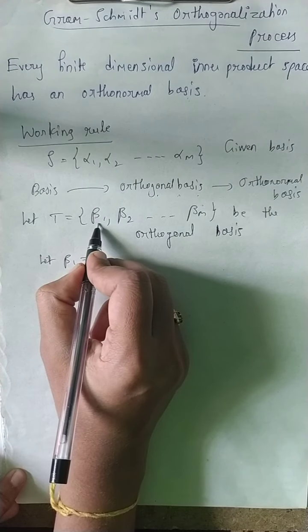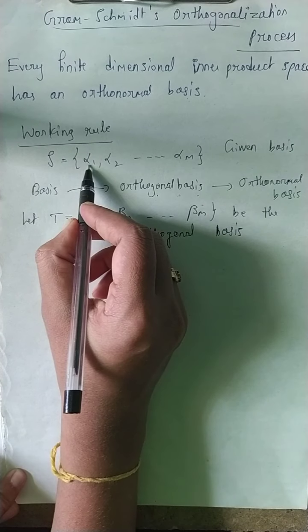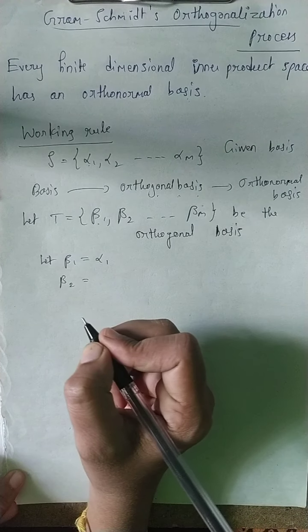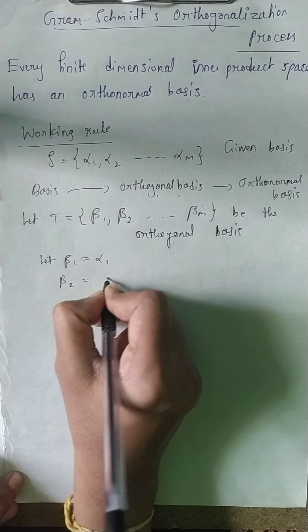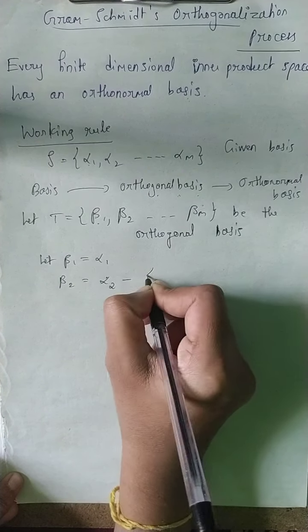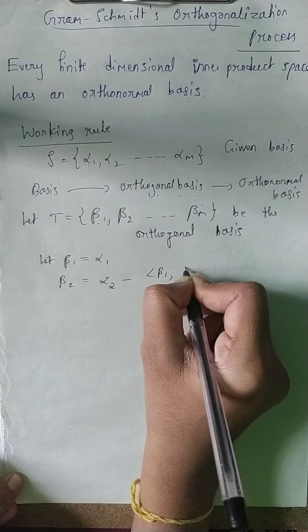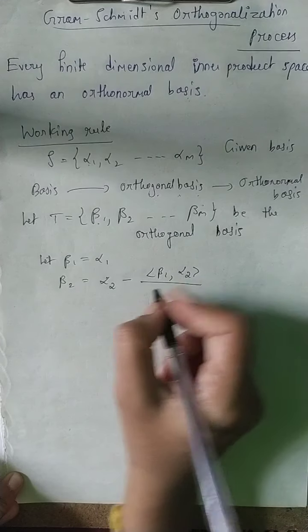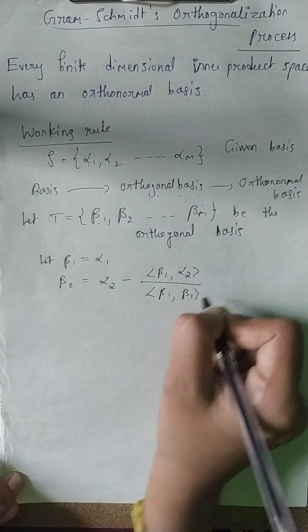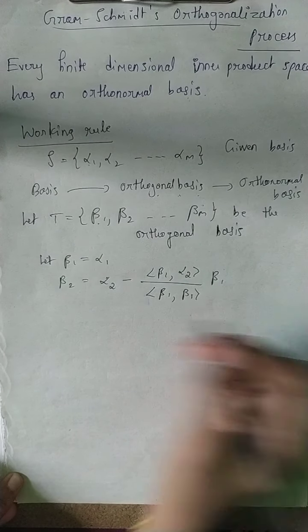That is, the first vector beta 1 is nothing but alpha 1 in S. In the second step, beta 2 is found by using this: beta 2 is equal to alpha 2 minus the inner product of beta 1 comma alpha 2 divided by the inner product of beta 1 comma beta 1, into the vector beta 1.